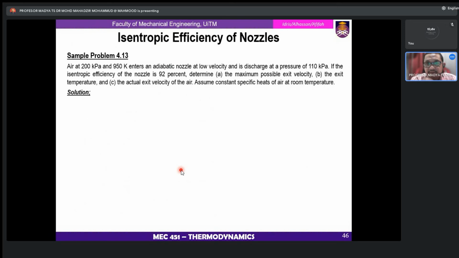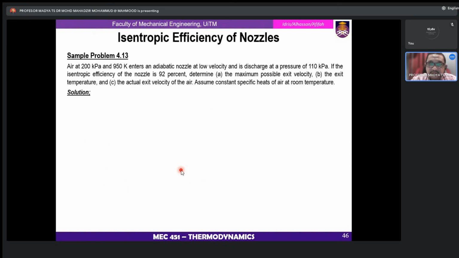At state number one it is low velocity, which we just ignore, and it is discharged at a pressure of 110 kilopascal. If the isentropic efficiency of the nozzle is 92%, so in this question you have to use the equation of nozzle efficiency.